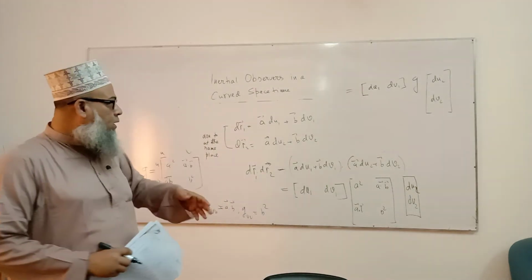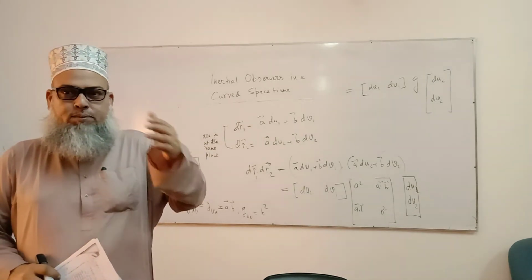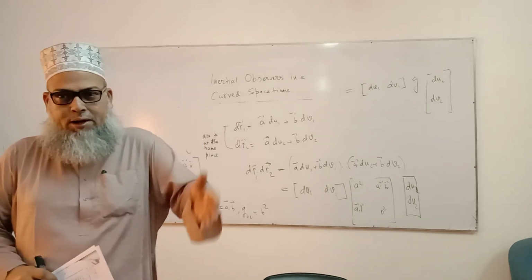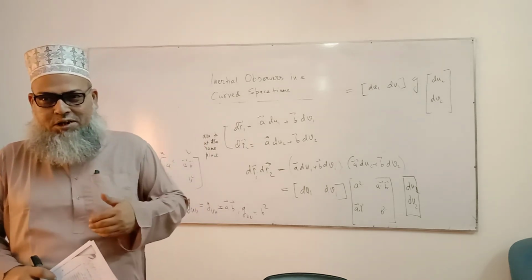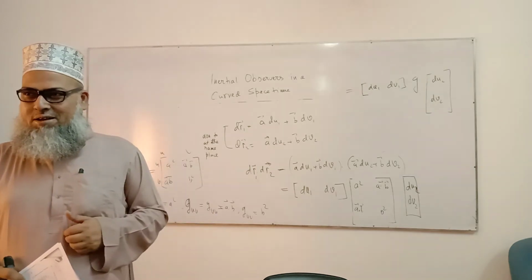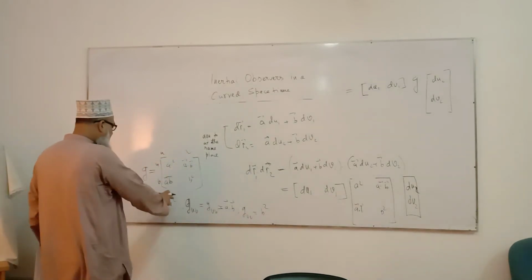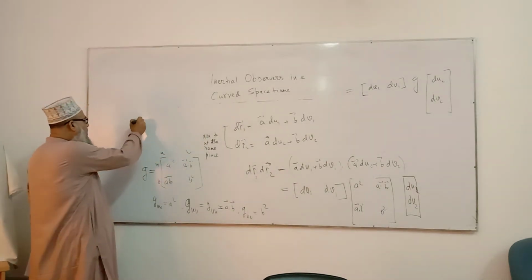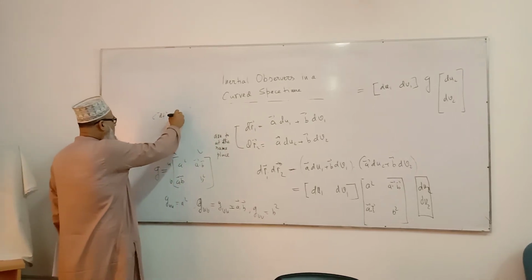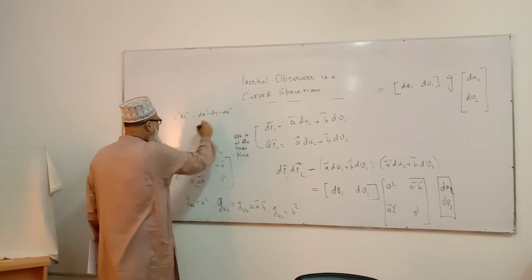So in this way, the simple flat spacetime has migrated from its simplicity to the complex world of general relativity. In special relativity, we have c square dt square minus dx square minus dy square minus dz square.